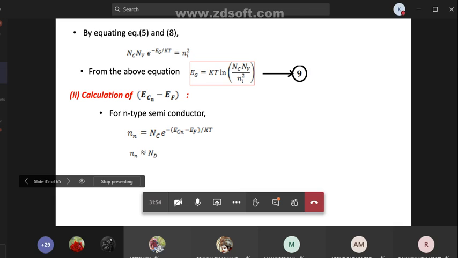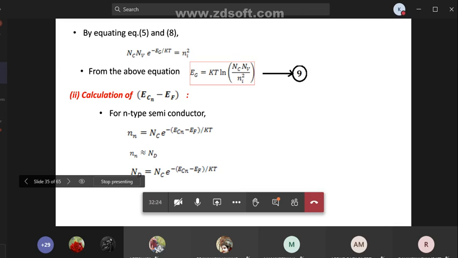Now how to calculate ECN minus EF? From the diagram, how to calculate ECN minus EF? So for n-type semiconductor, we know that Nn equal to Nc into e power minus of (ECN minus EF) by KT. Here we can write Nn equal to Nd.